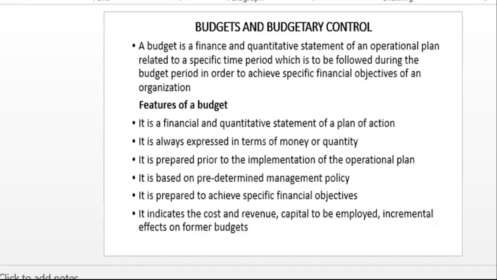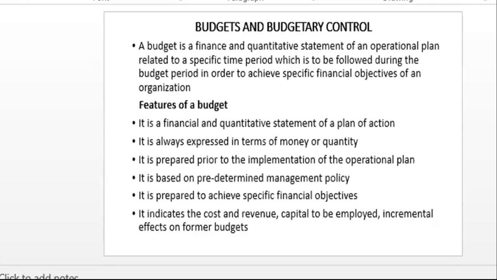So budget is very important at all levels. Even governments always prepare budgets so that they are guided by them in whatever they are planning to do, to ensure that they meet whatever they had planned to do in a given period of time. So budgets are actually important.